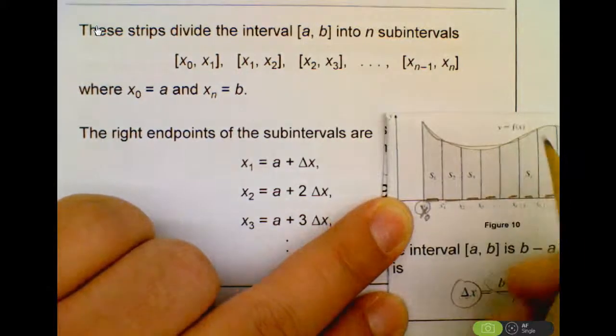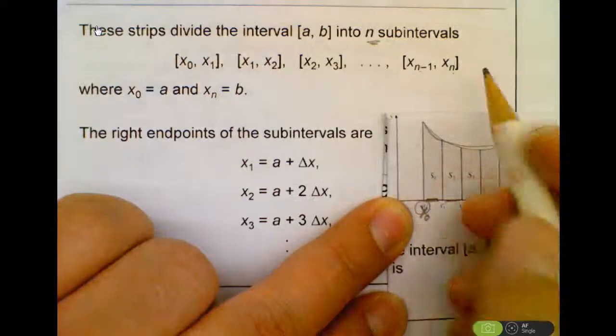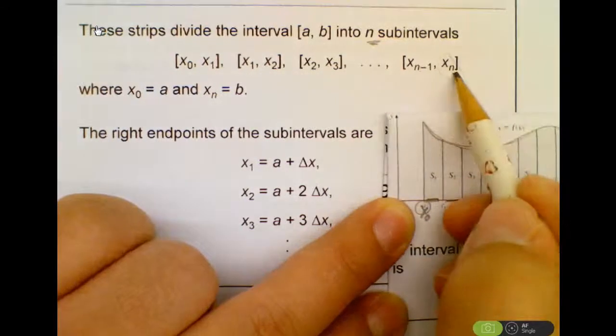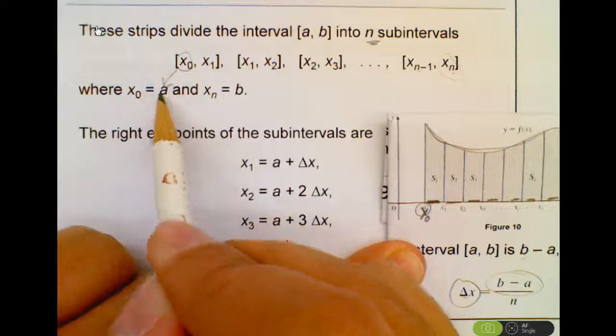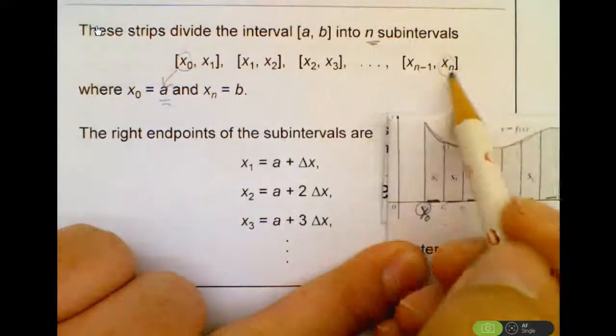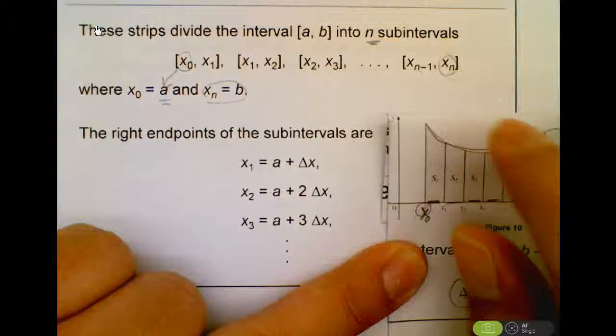Because you have n intervals, the last x that you're using is going to be called x sub n. x sub 0 was the original value A, and the last one, x sub n, is the number B that you have at the end.